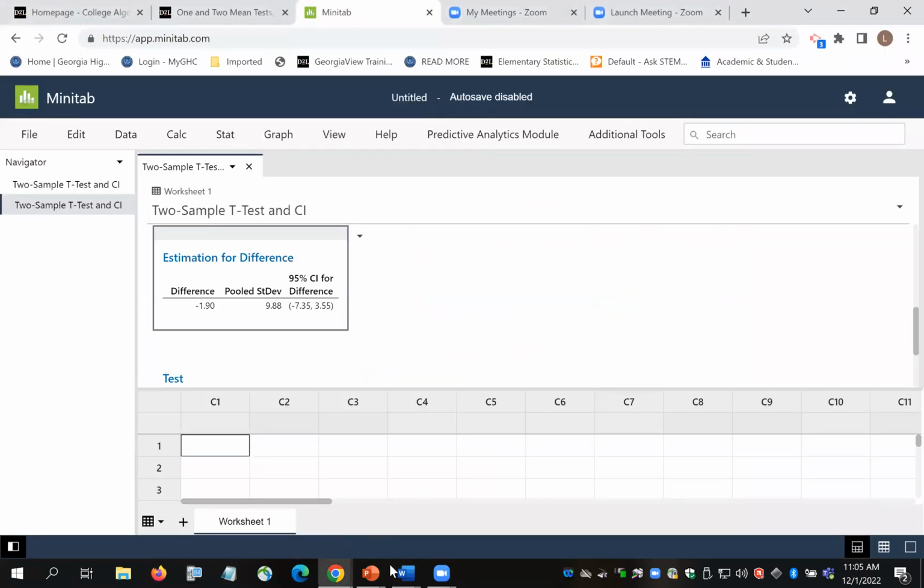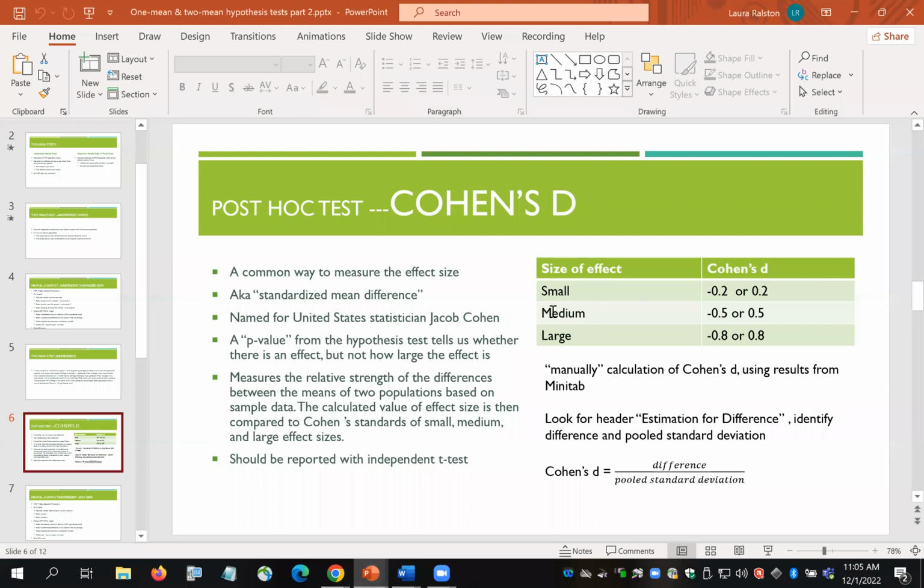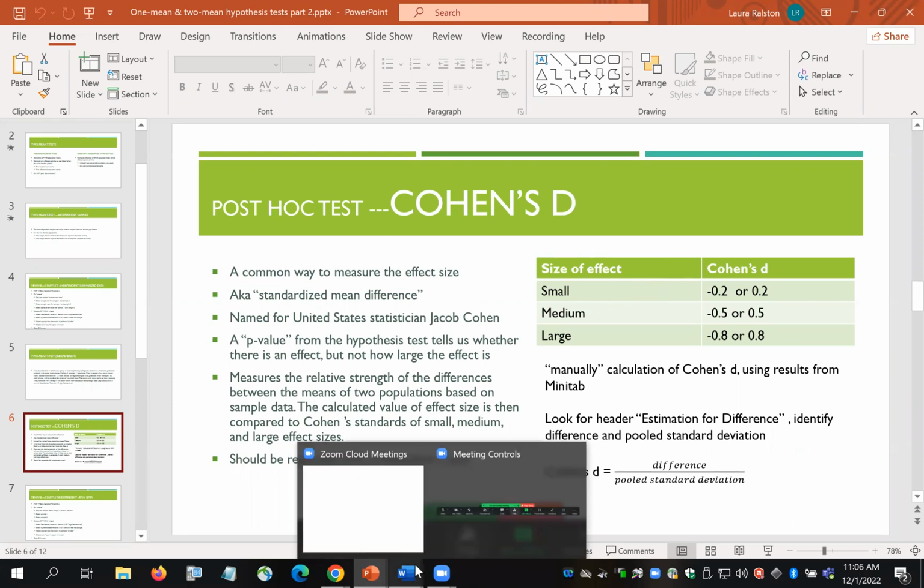And so then I have to decide what the effect size is. And again, we're going to use this chart or table on slide 6. And so I am actually a little bit above negative 0.2. So it's going to be a small effect.